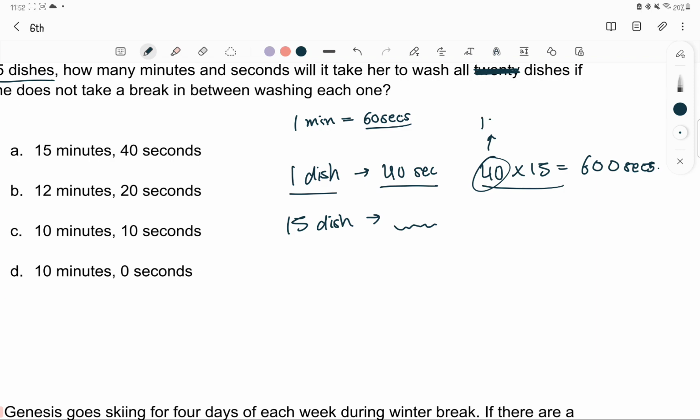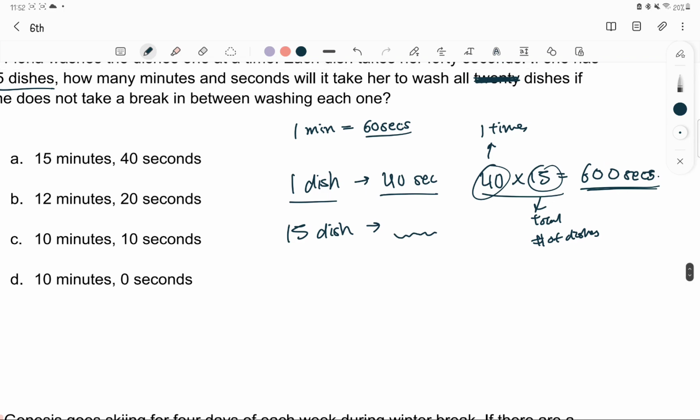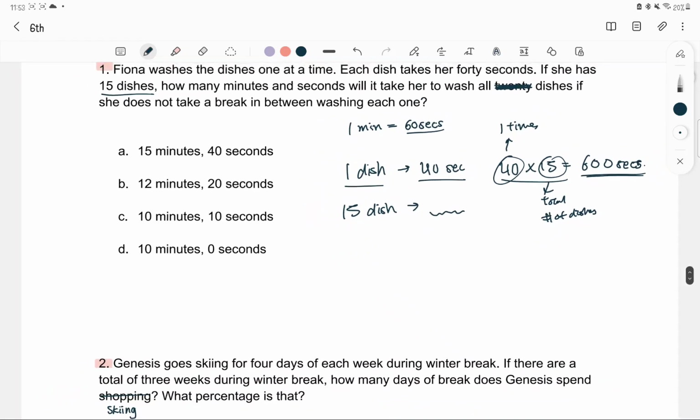Because this is the time that it takes her to wash one dish, and this is the total number of dishes. So it gives you the total time that she takes to finish her 15 dishes. So 600 divided by 60 is 10 minutes because 1 minute is 60 seconds. So you have to divide by 60.